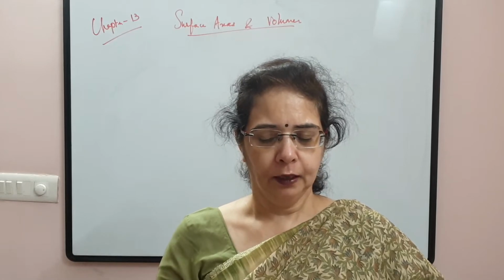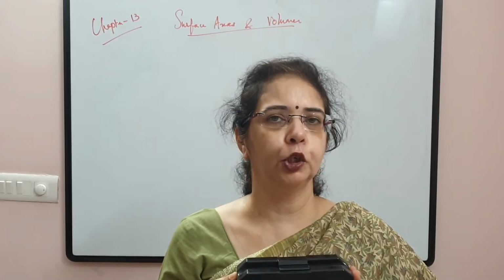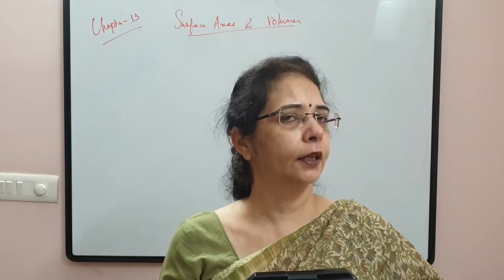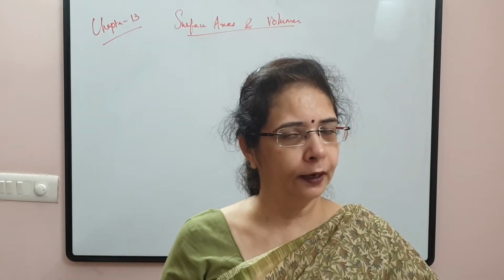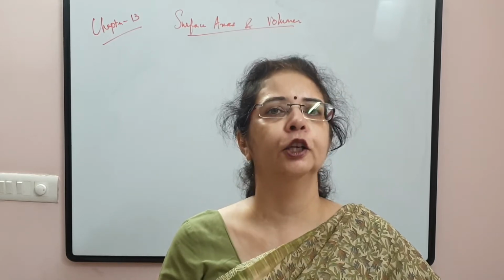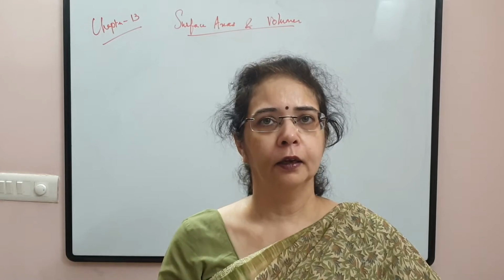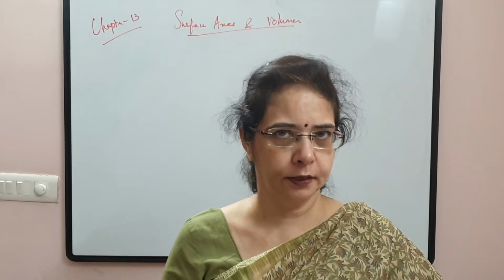Accordingly, children, now with this duster in my hand, I shall also teach you how many vertices a cuboid has, how many surface areas a cuboid has, and how many edges a cuboid has. These three are the important parameters so far as a cuboid is concerned. All right.